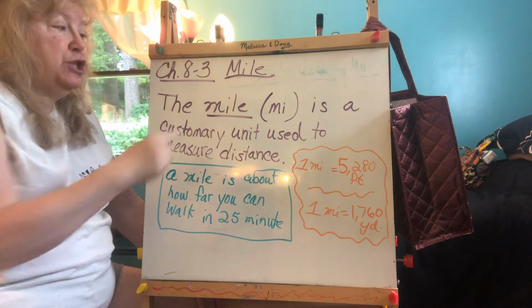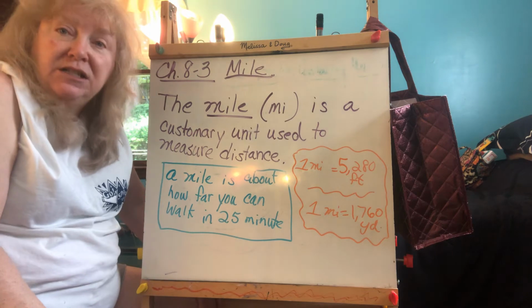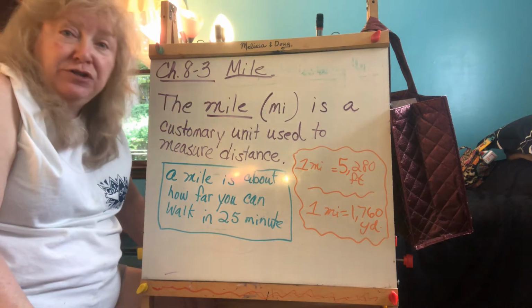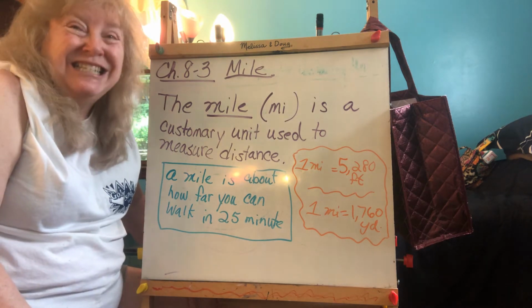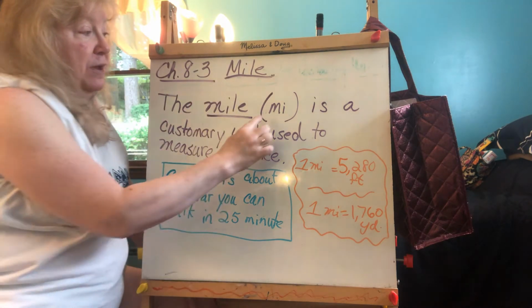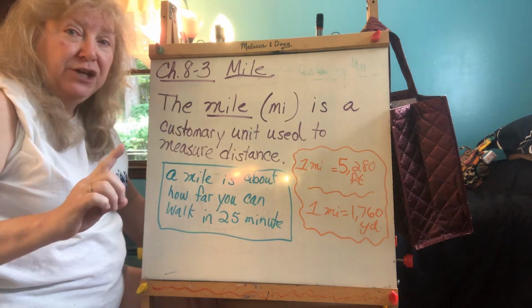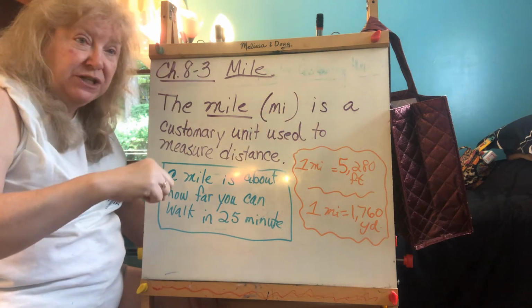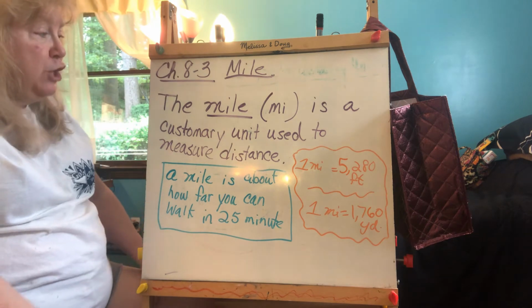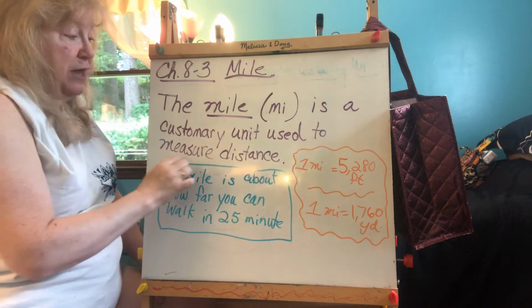You would use the unit mile when you're measuring in customary units to measure distances that are large. We abbreviate mile, MI, no period. Remember, the only abbreviation that gets a period is inches, okay? So the mile is a customary unit used to measure distance.